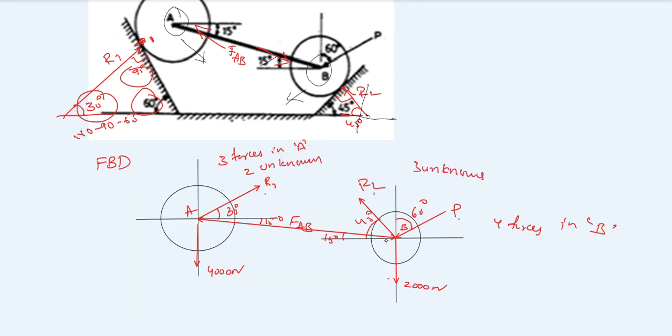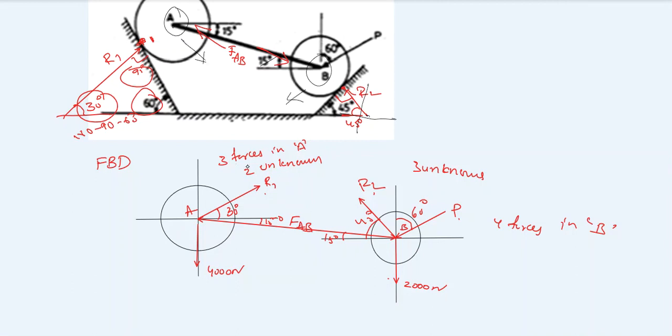So my suggestion is to go for A. Solve first diagram A, because we have only two unknowns. If you go for B, because of the three unknowns, we must calculate with three unknowns, which is very difficult, and problem will become very complicated. If you go for two unknowns, definitely two unknowns will give two equations you can solve easily.